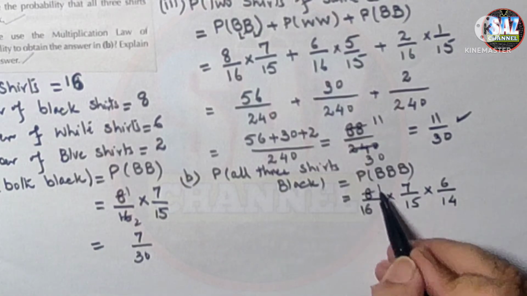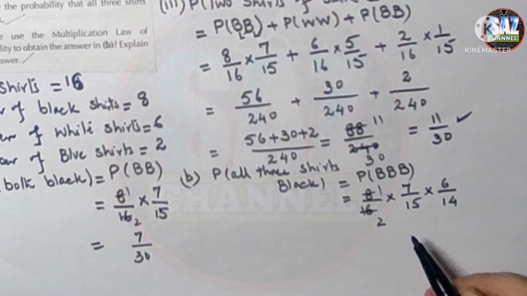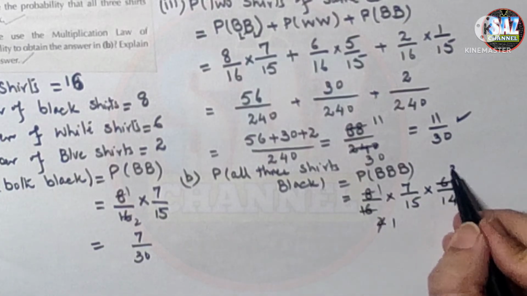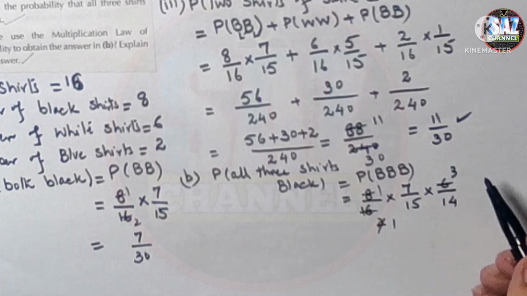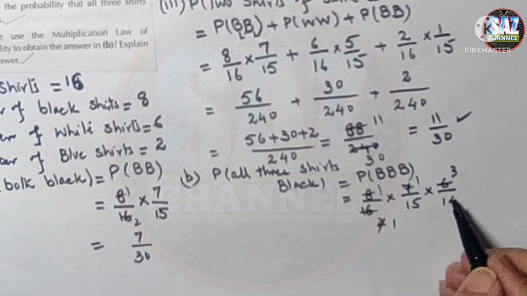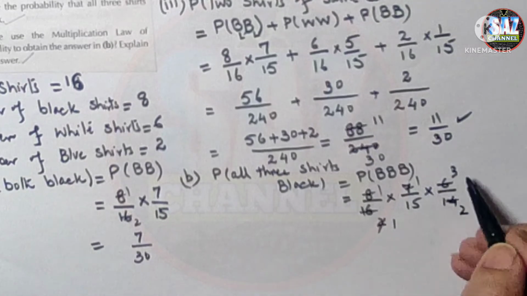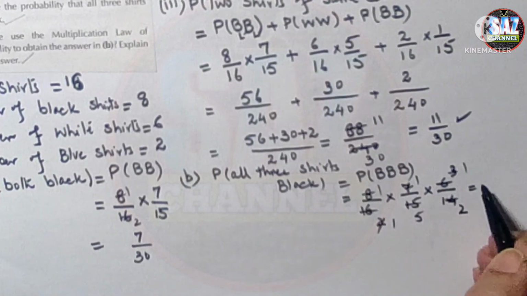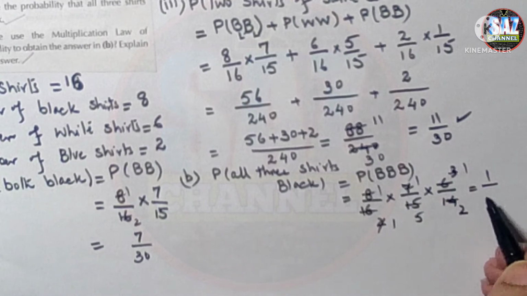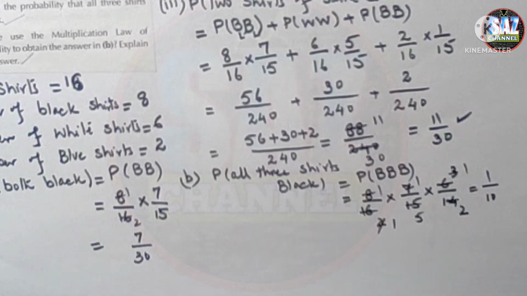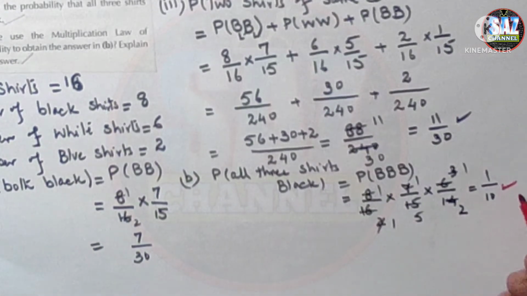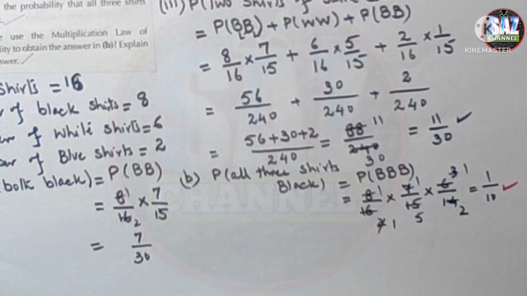So 8 ones are 8, 8 twos are 16, 2 ones are 2 and 2 threes are 6. So this will become 7 ones are 7, 7 twos are 14, 3 ones are 3 and 3 fives are 15. 1 upon 5 times 2 is 10, 1 upon 10. So the chance of all shirts being black is 1 by 10.